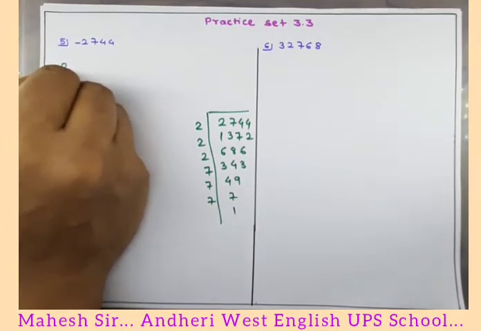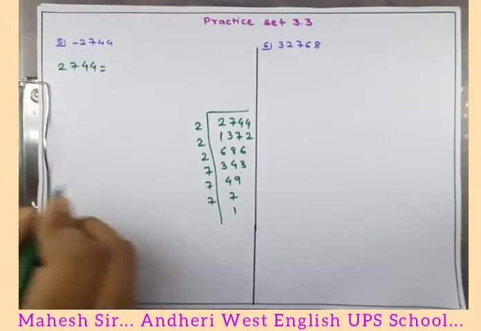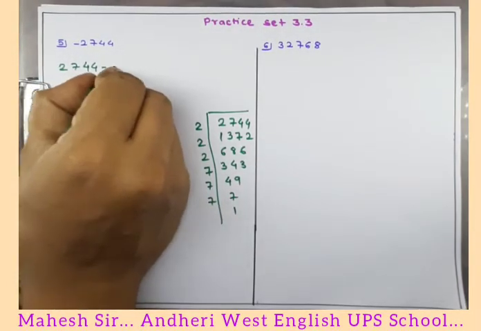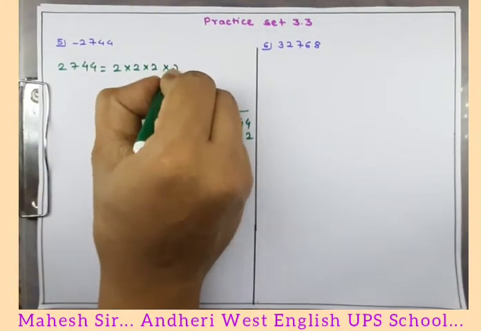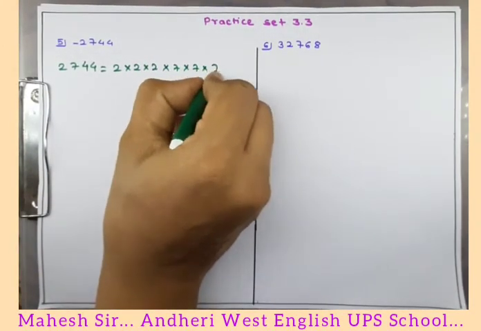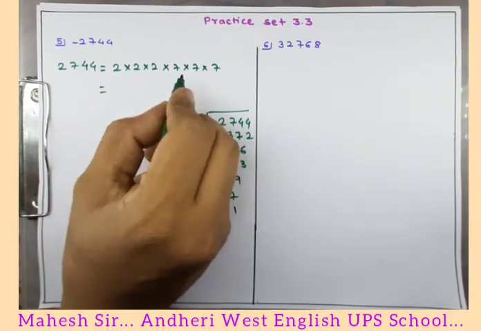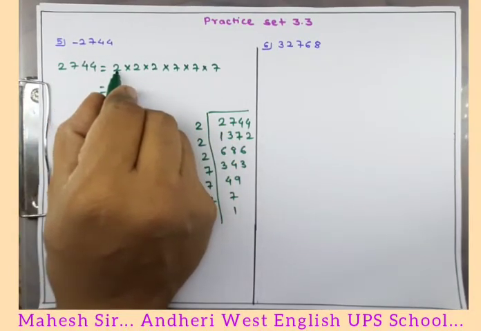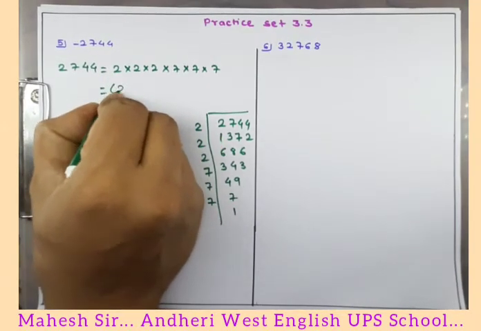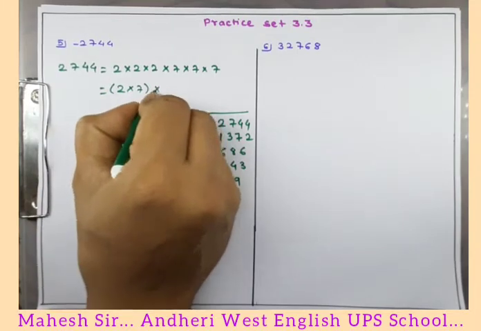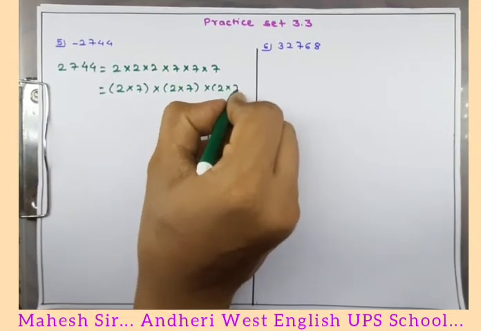First we write the positive number, that is 2744 is equal to the factors 2 multiplied by 2 multiplied by 2, and then 7 multiplied by 7 multiplied by 7. Here we have to make three groups. We make a group of 2 and 7, so I write 2 into 7 multiplied by 2 into 7 multiplied by 2 into 7.